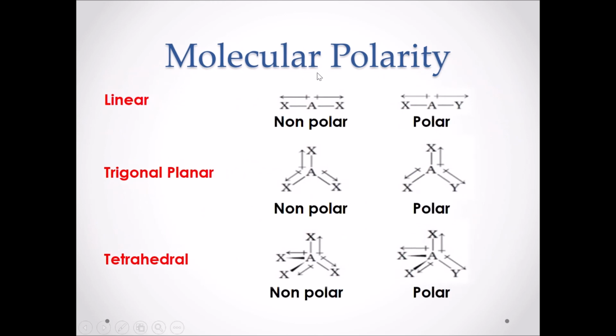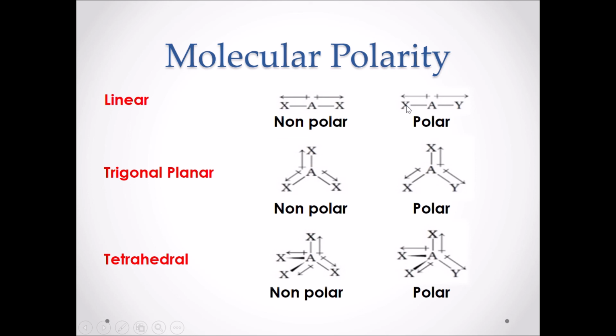Just to recap molecular polarity, this is an excellent diagram to use. What we're representing is that A is always the center atom, where X will be our outer atoms. If we look at a linear molecule, we have our center atom and the exact same atoms on either side, so their bonds would be perfectly counteracted, making this molecule nonpolar.